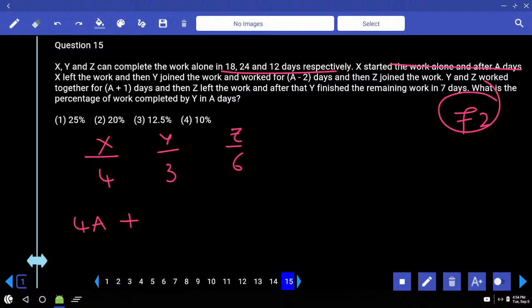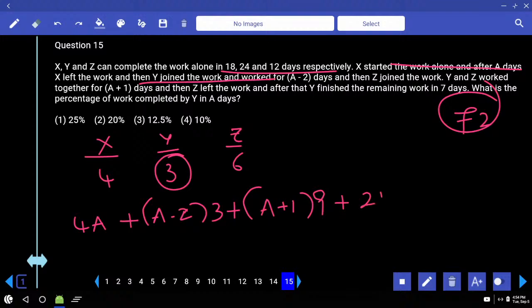Plus Y joined the work, worked for A minus 2 days: A minus 2 into 3, understood or not? Plus Z joined the work. Y and Z worked together for A plus 1 days: A plus 1 into 9, isn't it? And then Z left, Y finished in 7 days. 7 3s are 21, the total work is finished then.